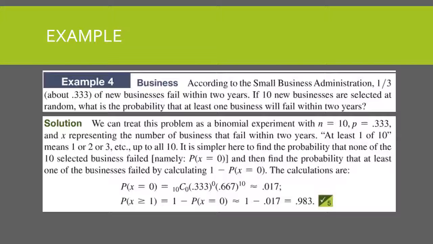So the probability that there were no failures would be 10 choose 0, 0.333 to the 0 times 0.667 to the 10th, and that gives us 0.017. Now we're going to subtract that from 1. So 1 minus 0.017 gives us 0.983. So you have a 98% chance that if you pick 10 new businesses, at least one will have failed within 2 years.